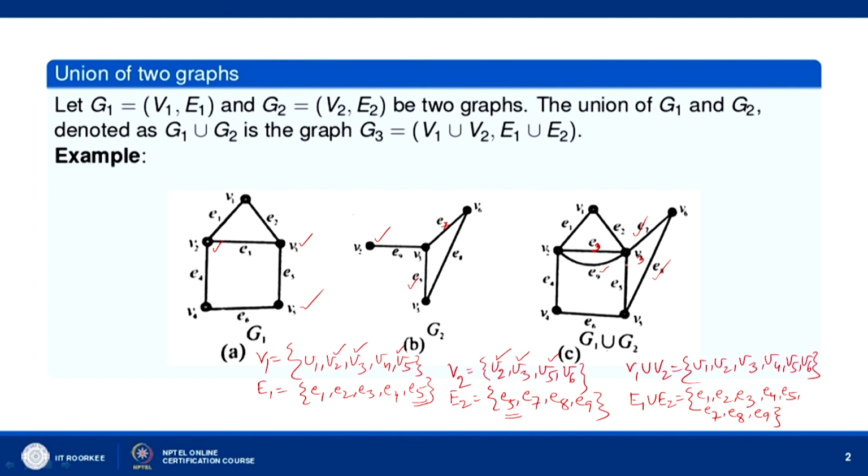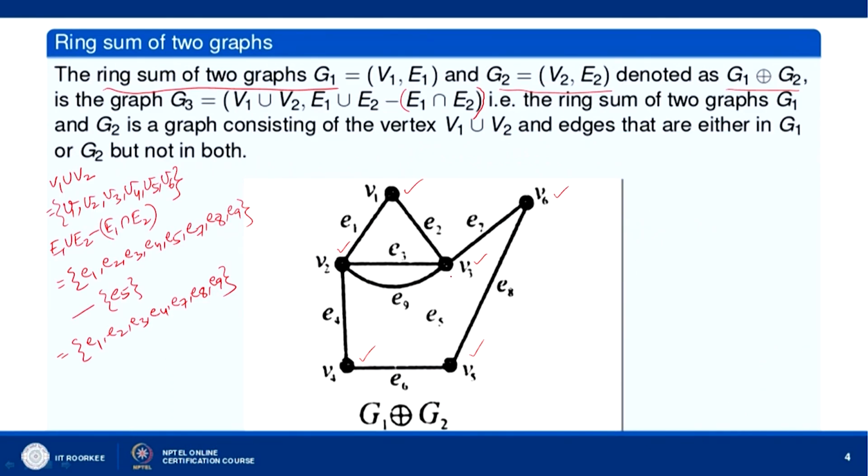If you remove E5, this edge will be removed, and we will have this figure. This was E5 which we have removed. So, E5 is removed and we get the figure for the ring sum of G1 and G2.